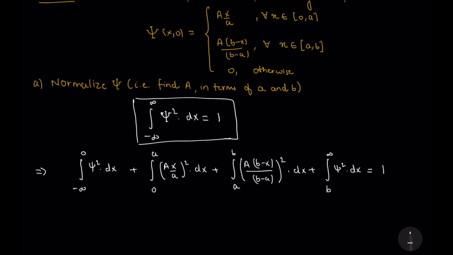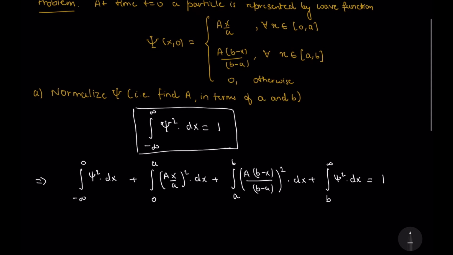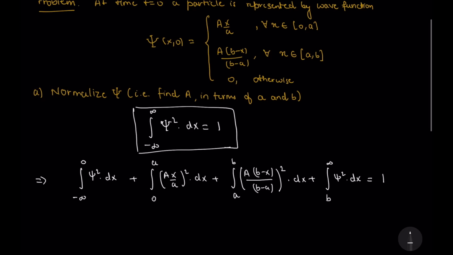What my expression shows is that the wave function is localized between 0 and b, and there are some changes in the wave function. If I come from infinity to 0, there is nothing in the wave function, no area between the wave function and the x-axis, so this part goes to 0, and the same here.